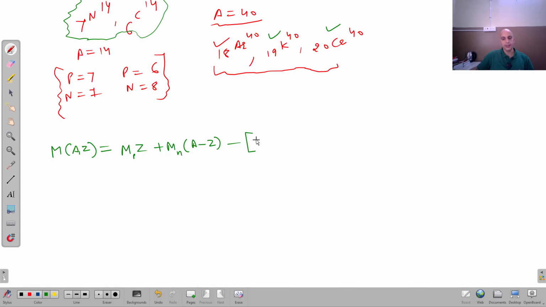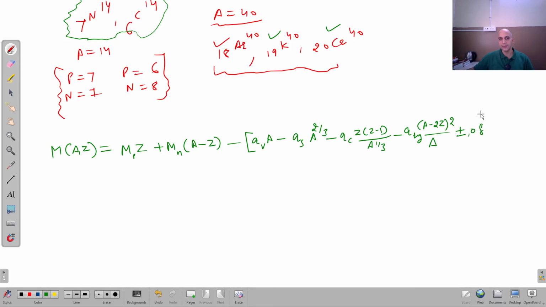So it is the volume energy term into A, minus the surface energy term into A power 2/3, minus the Coulomb energy term Z into (Z minus 1) divided by A power 1/3, minus the symmetry energy term into (A minus 2Z) whole square divided by A, and plus-minus comma 0 delta.